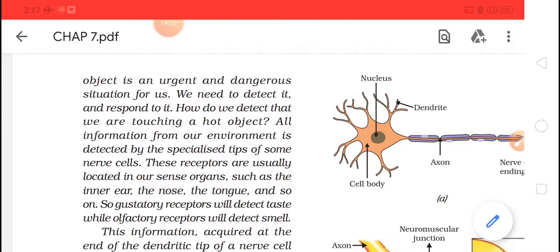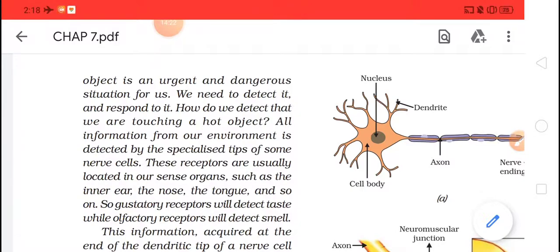So which are the 5 senses? You have eyes, nose, tongue, ears, and skin. These are our 5 sense organs. On these sense organs we have receptors.